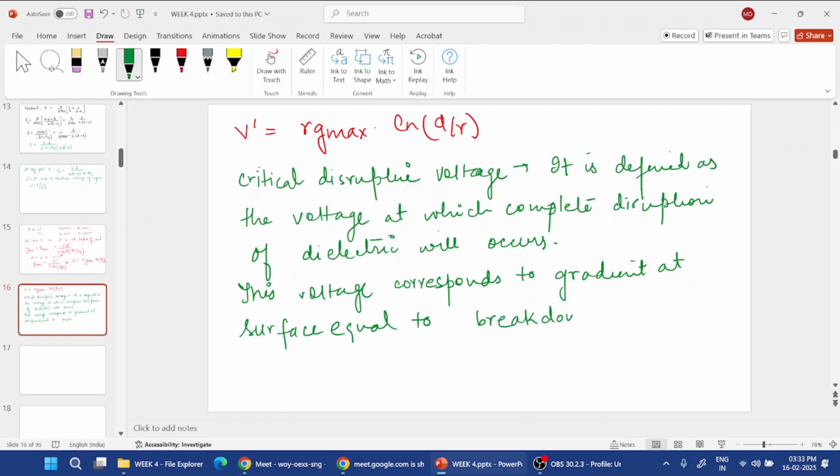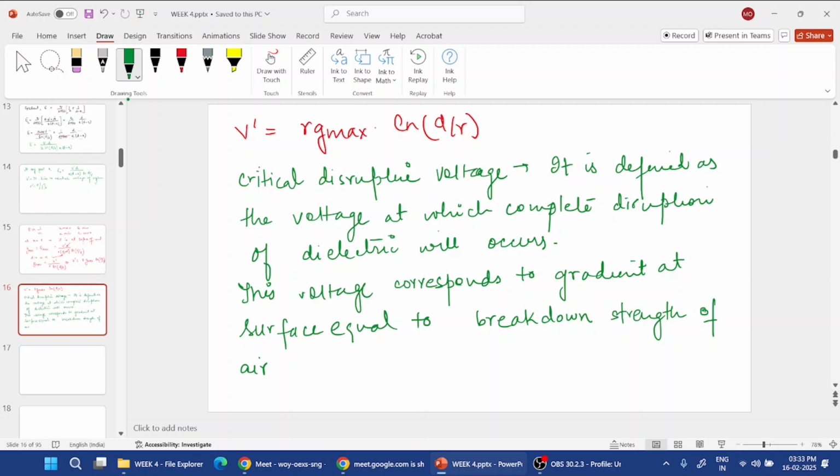The voltage corresponds to the gradient at the surface we just calculated. It also tells you that at this voltage the air will break down, or it is near maximum to the breakdown strength of air.